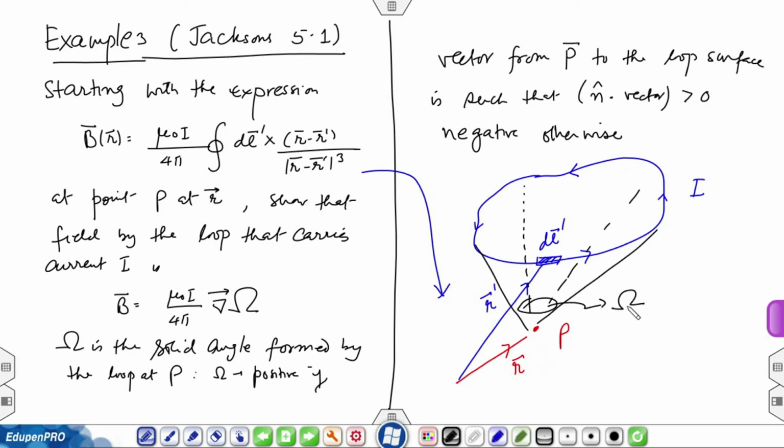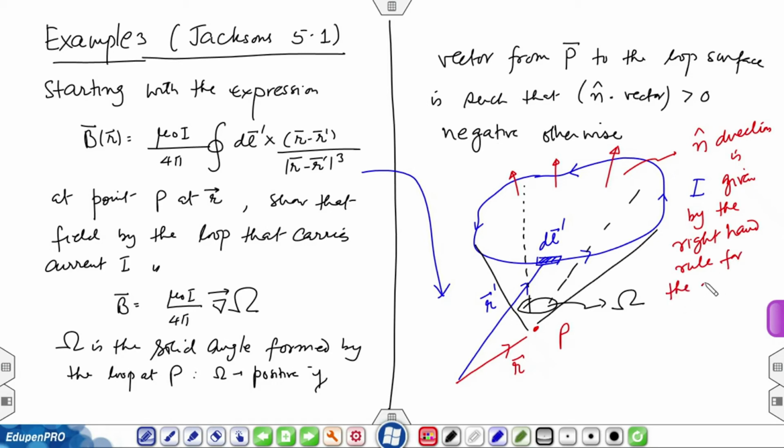In the case shown, the normal vector n is like this, given by the current flow. So, n direction is given by the right hand rule for the current flow direction.